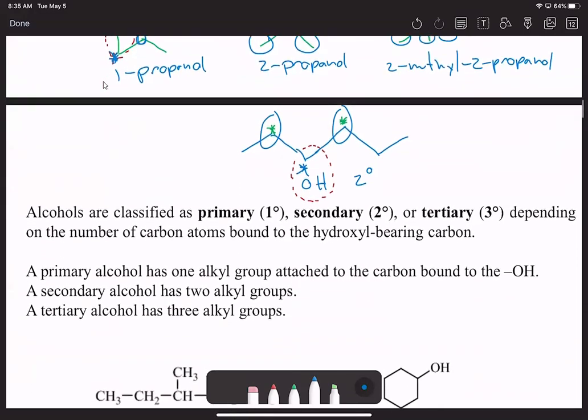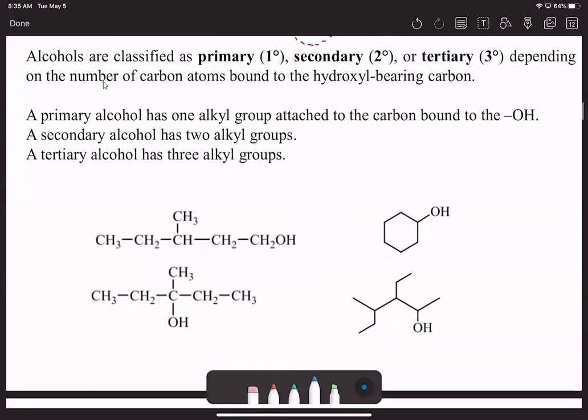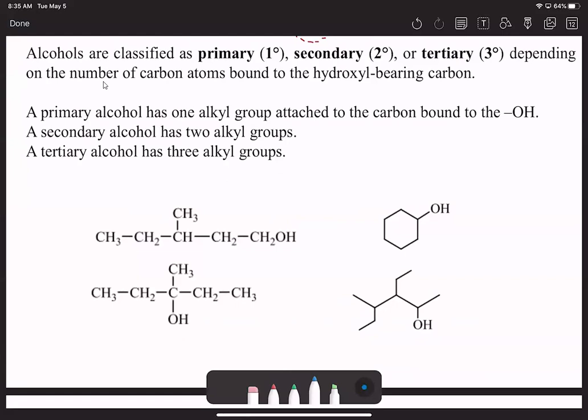And we do need to understand why, because when we put these into reactions, each alcohol gives you a different product, right? Primary alcohols don't react the same way as secondary alcohols. They don't react the same as tertiary alcohols.